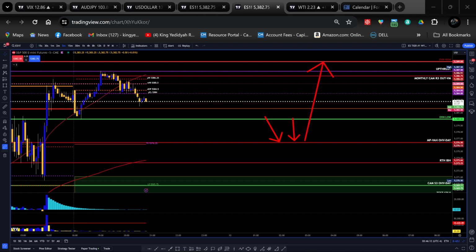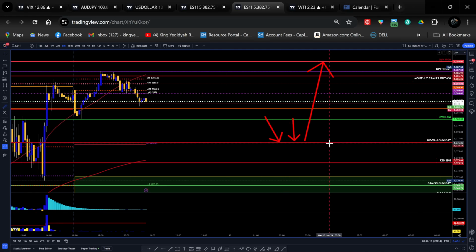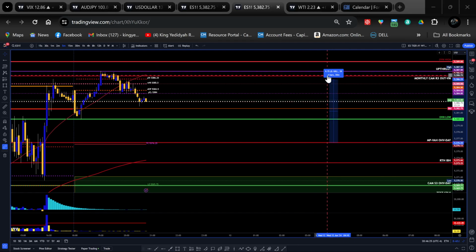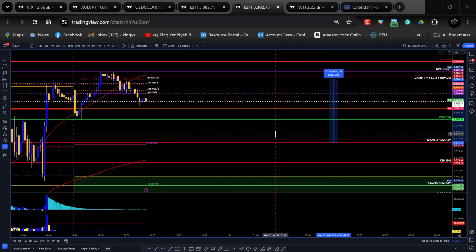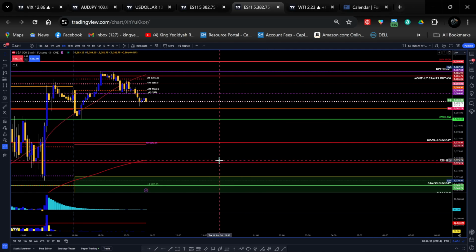So that play would be roughly a 9-point move, 9 to 10 points, 9.75 points. So another kind of 10-point move right there. So we'll see how that's working out.